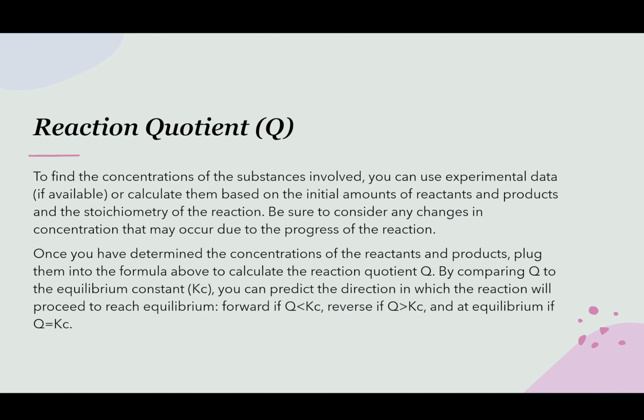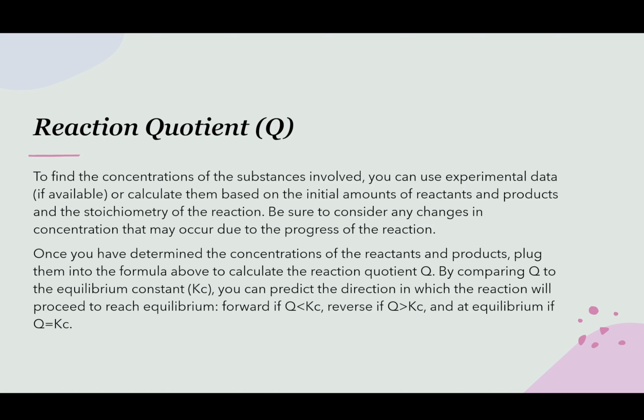To find the concentrations of the substances involved, you can use experimental data if available, or calculate them based on the initial amounts of reactants and products and the stoichiometry of the reaction. Be sure to consider any changes in concentration that may occur due to the progress of the reaction.